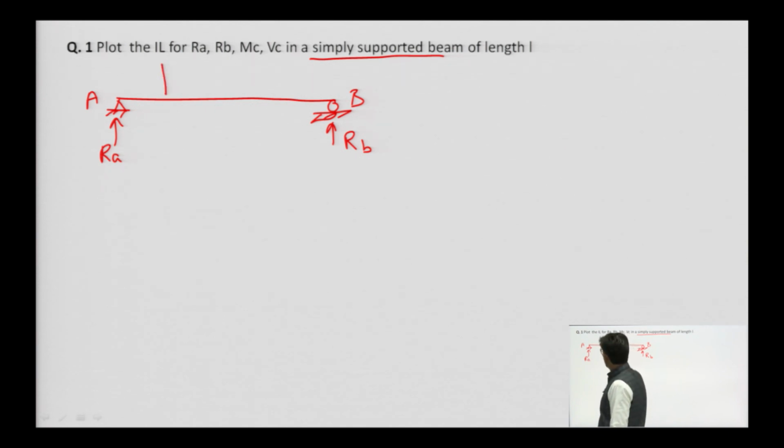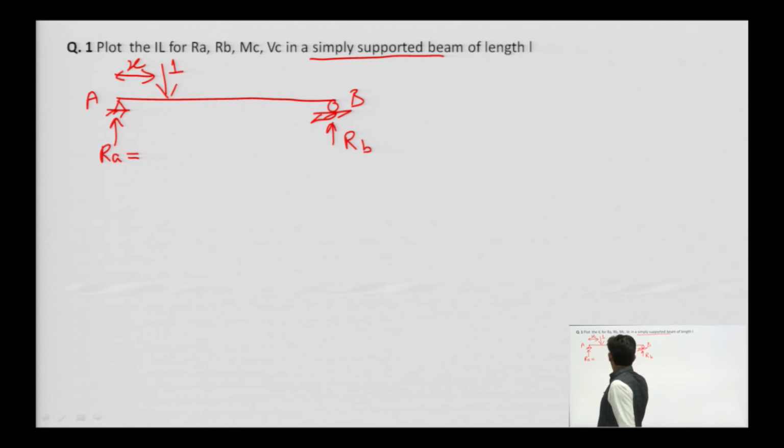What we will do is put a unit load at some distance x, and then find the value of this reaction using the static equilibrium equation.